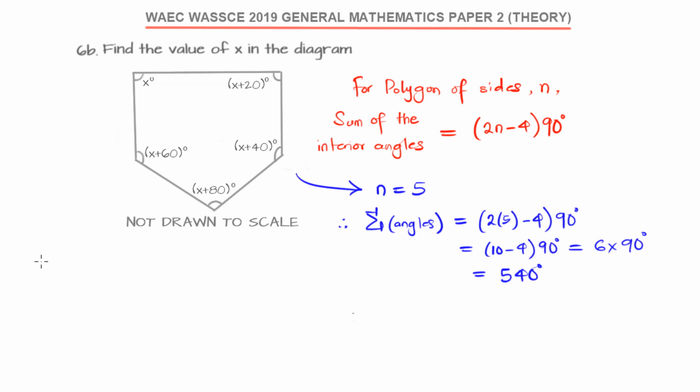Okay? So now, meaning that if we add each of the interior angles that we are given in values of x and we sum them together, they should add up to 540 degrees. And that's exactly what we are going to do.